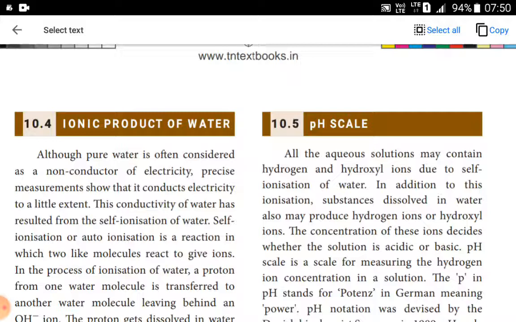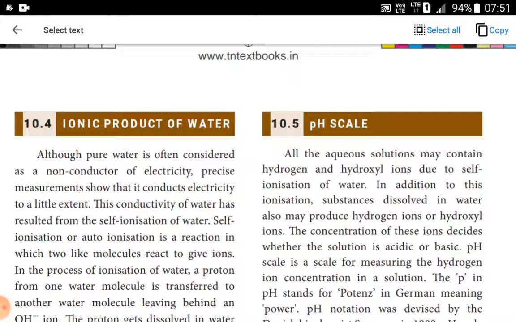During this ionization, water, H2O, is an electrically neutral molecule. By passing electric current, the neutral water molecule dissociates into ions, H plus ion and OH minus ion. The dissociation takes place.